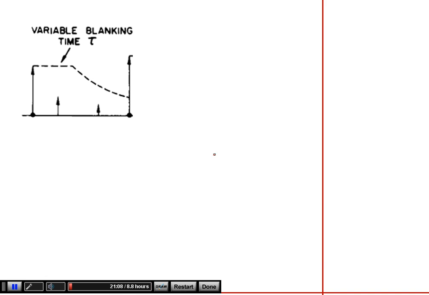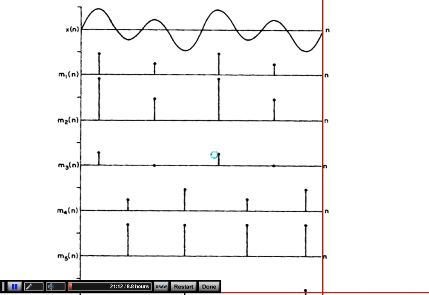Okay, so what we have now from the previous slide was all of these values, right, that we had. Now what we do is we take each one of them individually. So let's start with M1 and figure out what the pitch value is.